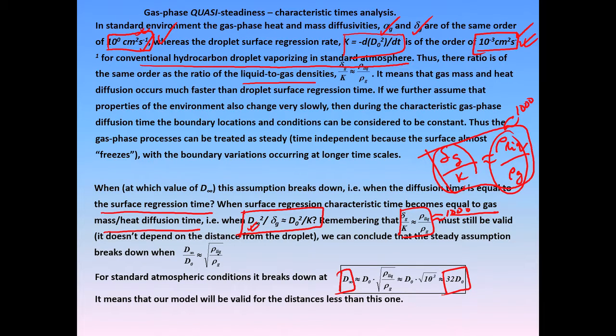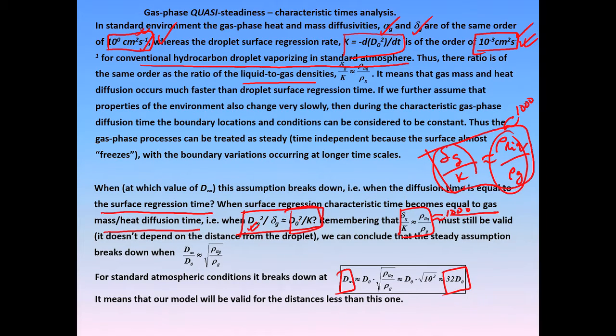So, if your distance is less than that, you are okay, you can assume this gas phase quasi steadiness, but if you are far away, then of course this will not be valid, got it. So, at 32 times the droplet diameter, that assumption breaks down. That means you cannot apply gas quasi steadiness at that kind of a distance, which is 32 diameters away from the droplet.